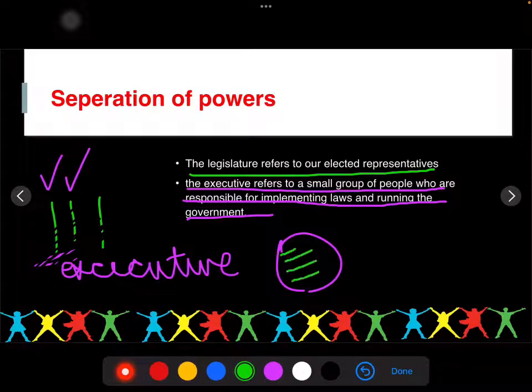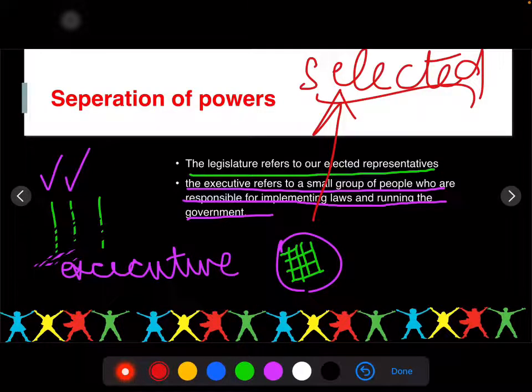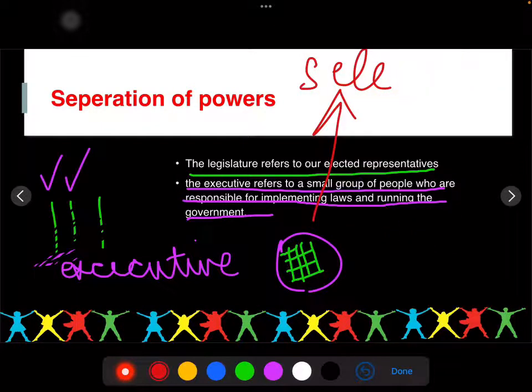They are selected by the ruling party. So they are small people who are selected, not elected. These people are selected and are responsible for implementing the laws and running the government.